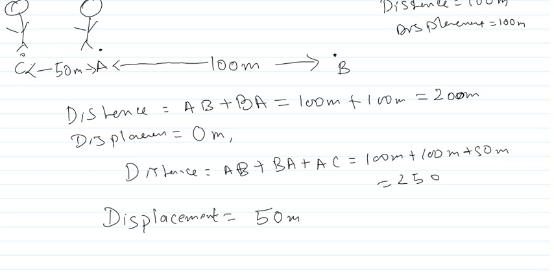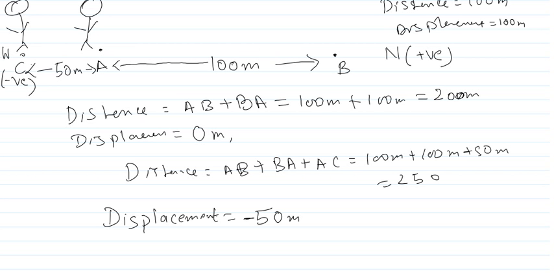Let's say he moves in this direction, north, and this direction is west. We take north as the positive direction, so west will be the negative direction. First he moves positive 100 meter, then negative 100 meter, total 0. Then he moves in the negative direction 50 meters, so it will be negative 50 meters.